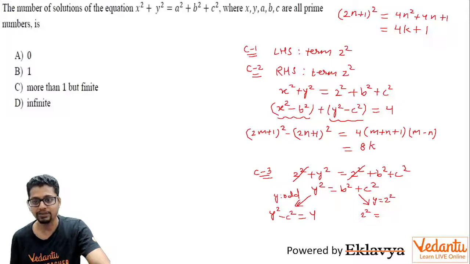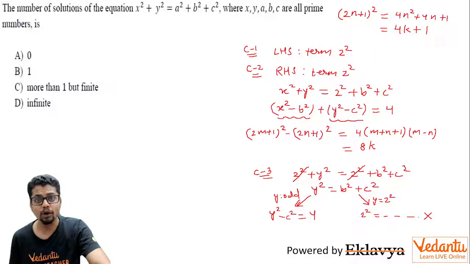So what about one of them being 2 square and the other being a square of an odd prime number? Then the left hand side is even and the right hand side is odd. What about both being squares of the even prime number, that means b square is also 2 square, c square is also 2 square? Then the left hand side is not equal to the right hand side. So no matter what, you don't get any solution from here also.